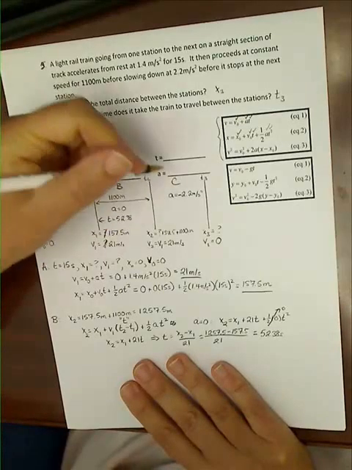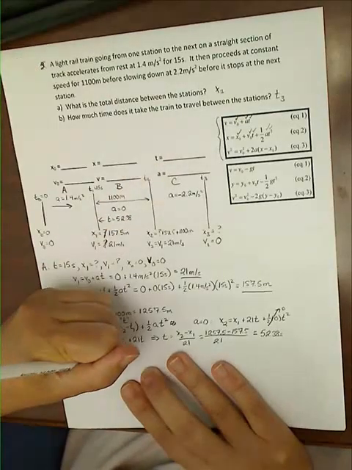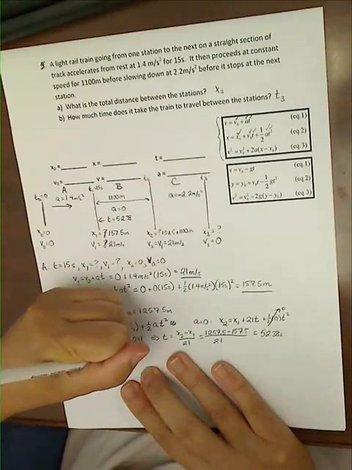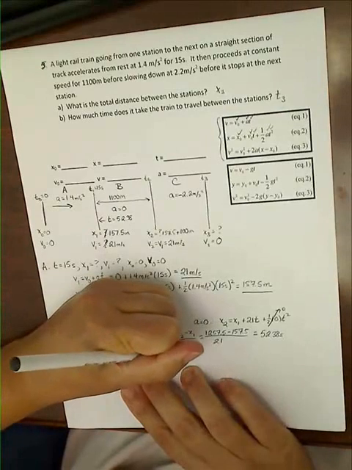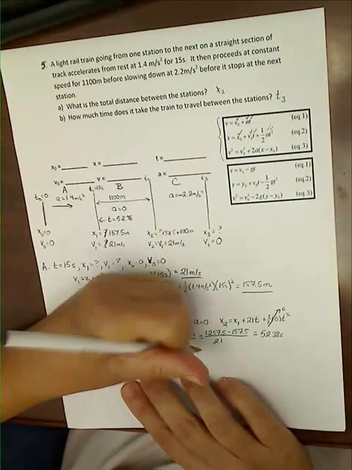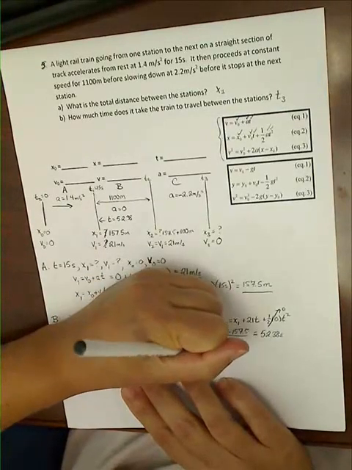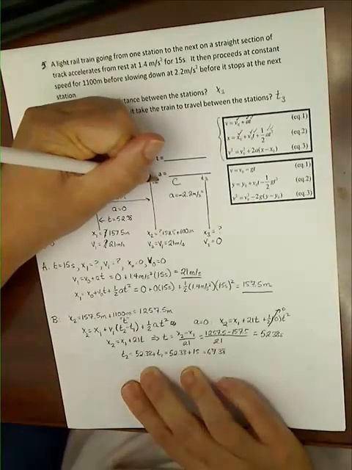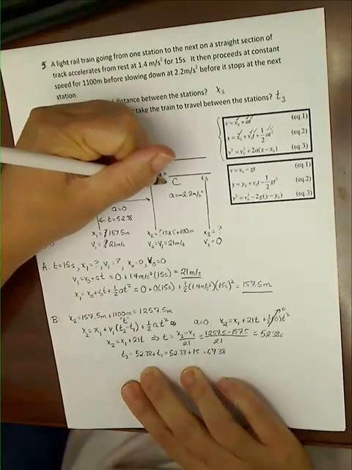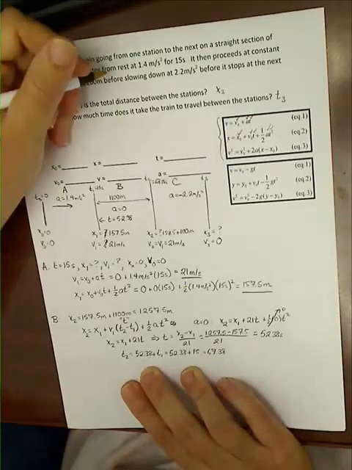So T2 is equal to 52.38 seconds plus T1. So it's 52.38 plus 15, or 67.38 seconds. Okay, so now I've got, going back to my picture, 67.38 seconds is T2.